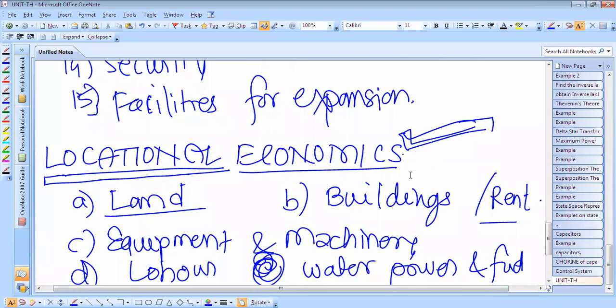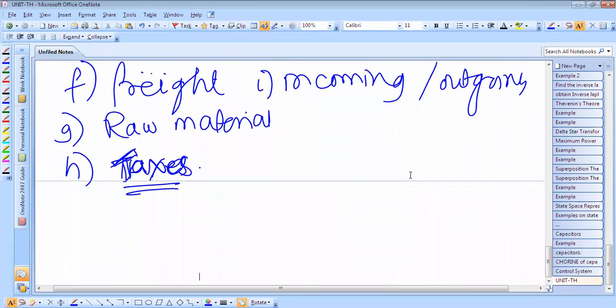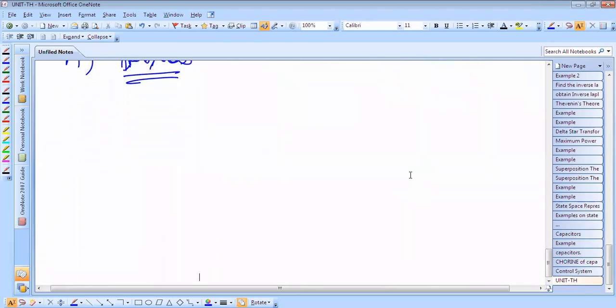Next is the rural versus urban plant site. That is also considered. While selecting the plant site in a city, there are some advantages as well as some disadvantages.